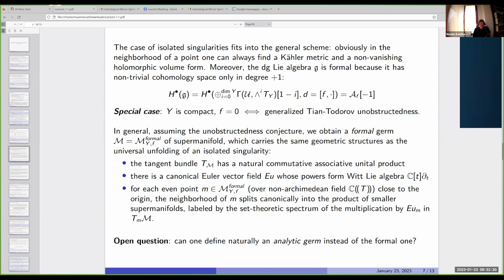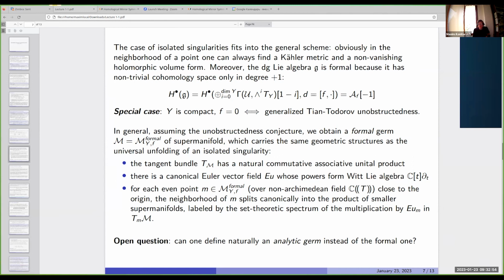If we assume the unobstructedness, we can obtain a formal germ of supermanifold. Deformation theory works only in these formal settings, and it carries the same geometric structures as the universal deformation of an isolated singularity. So the tangent space is a commutative associative unital finite-dimensional superalgebra.